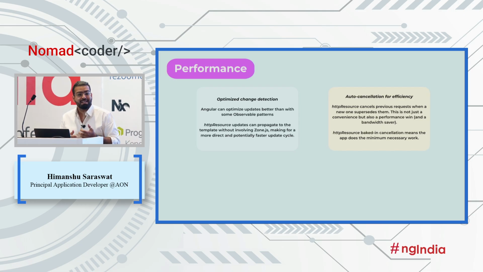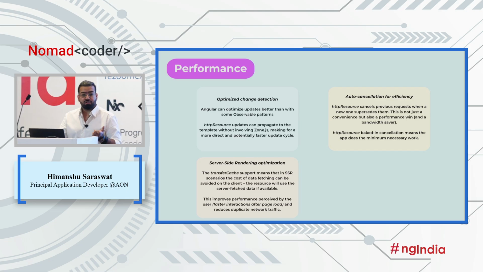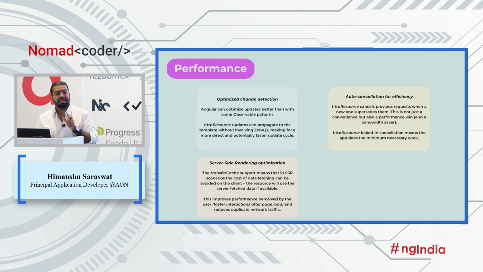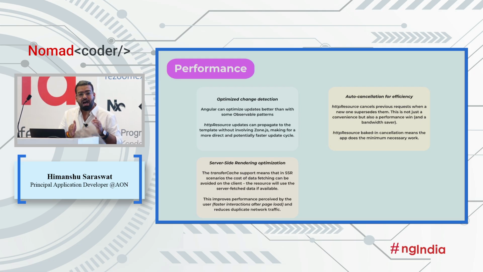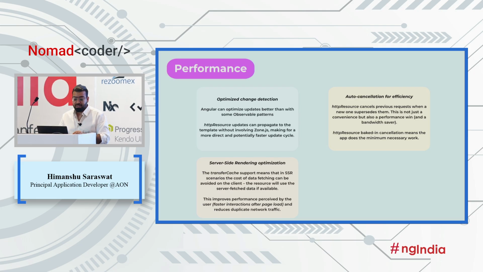The switchMap pattern is baked in, so you get much more auto cancellation efficiency there. Server-side rendering options. As I said, this is the neatest one of them all. The transfer state APIs are implicitly called when you use HTTP resource, but had you been using HTTP client, you would have to call all these transfer state APIs on your own. This prevents duplicate requests from happening.